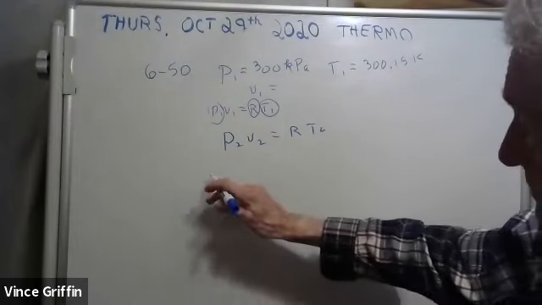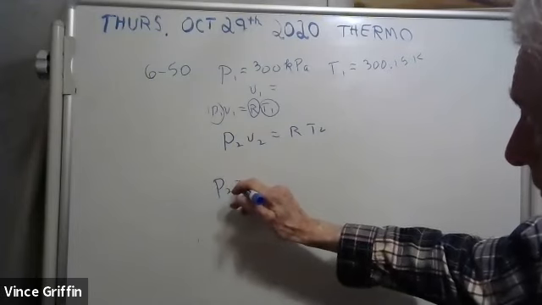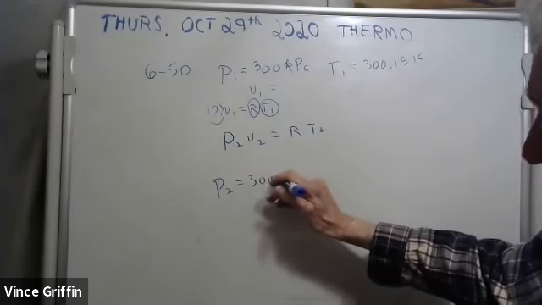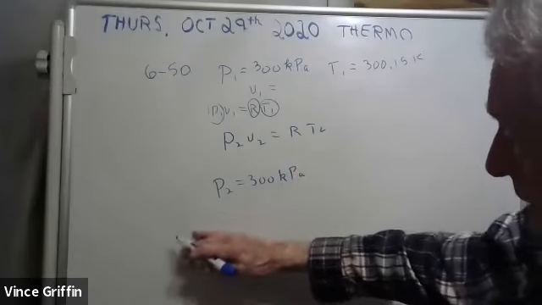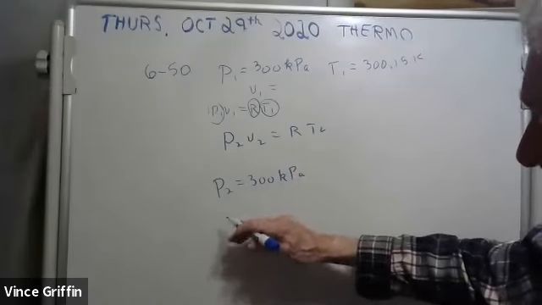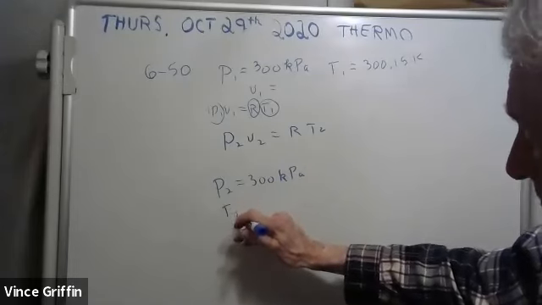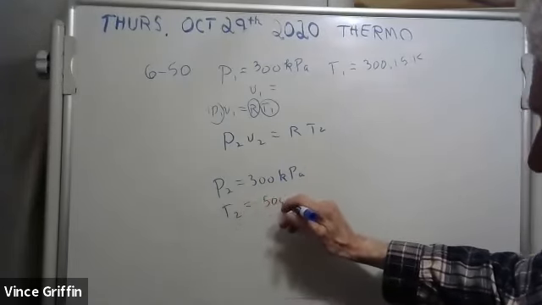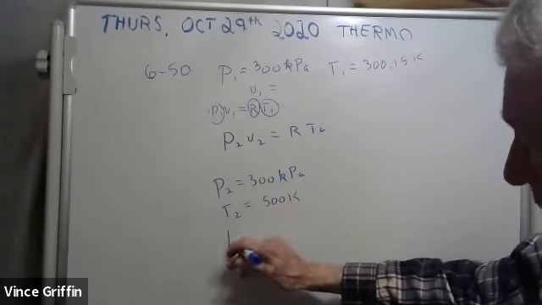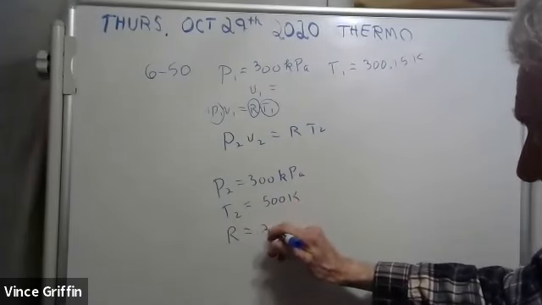It's 300. We know P2, we know R, and we know T2. T2 is 500. We know R is 0.287.